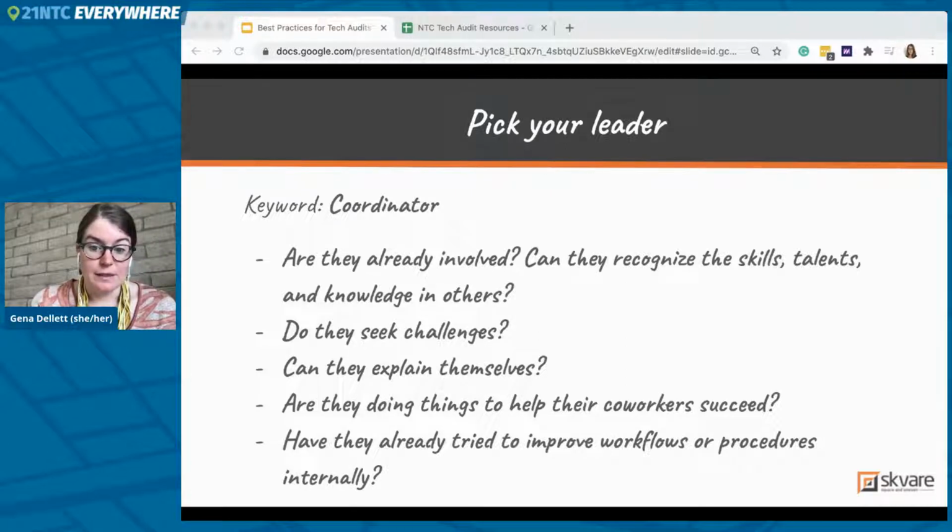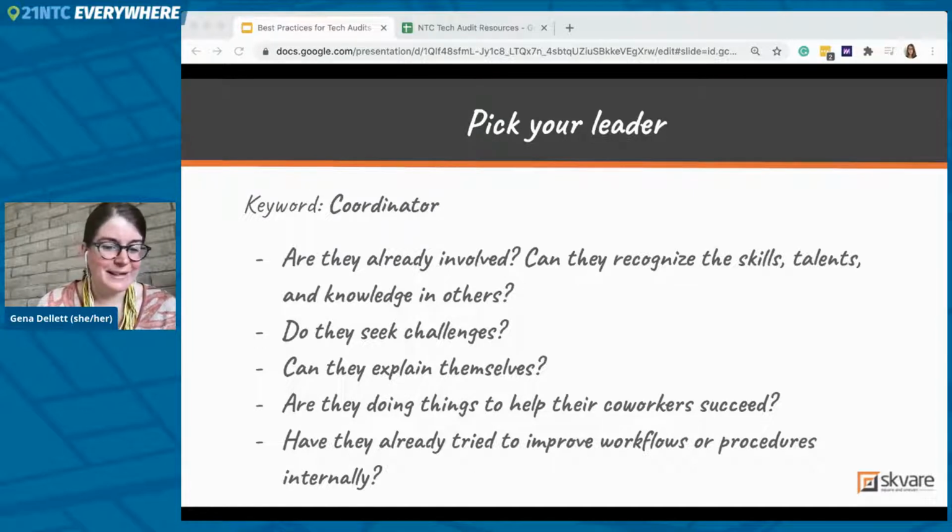How well do they explain themselves? And are they doing things already to help their coworkers succeed? And have they already tried to improve workflows or procedures and processes internally? You'll see that all of those questions, none of those actually relate to technology. It's important to also put on the table, do they feel comfortable with technology?